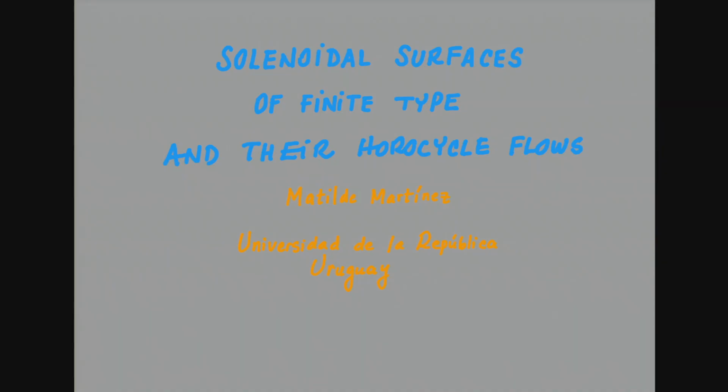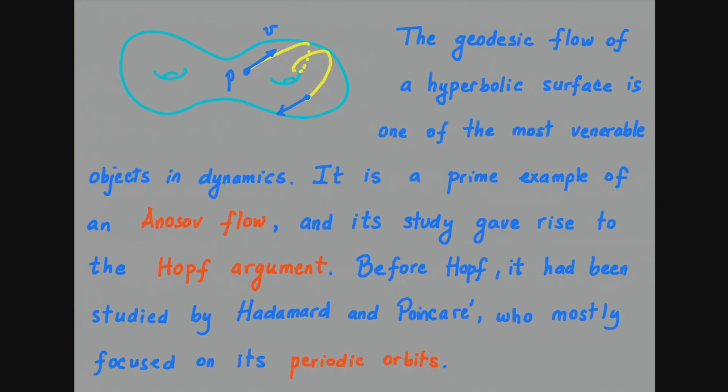So I'm speaking about solenoidal surfaces of finite type and their horocycle flows. If you don't know what a solenoidal surface is, you're good, okay? But you probably know what a surface is. So a hyperbolic surface, the geodesic flow of the hyperbolic surface is an example of a dynamical system you've all been acquainted with.